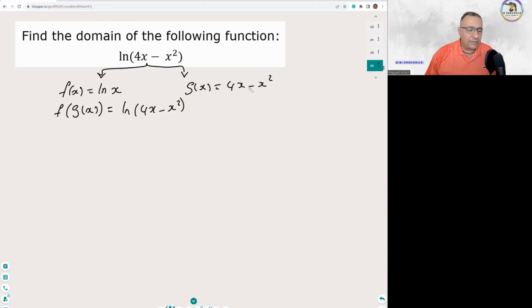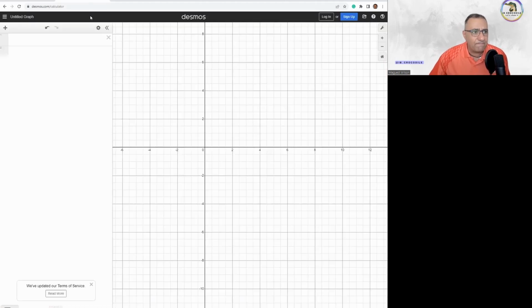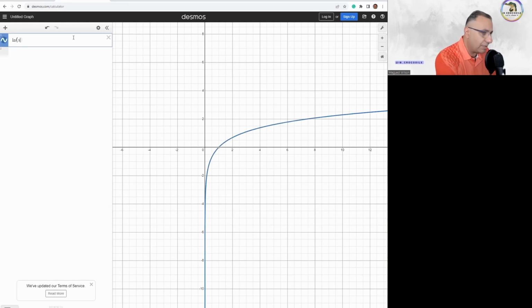In order to do that, we can investigate the graph of ln x, the parent function. Let's have a look at this graph here. You need to know this graph by heart in MAA, SL or HL. Just the parent functions, and then the question may ask for some transformations, but you need to know the parent functions by heart, like ln x, x squared, 1 over x, y equals x, and so on.